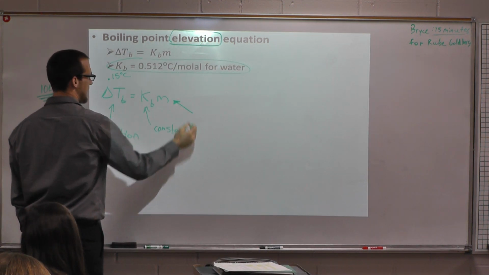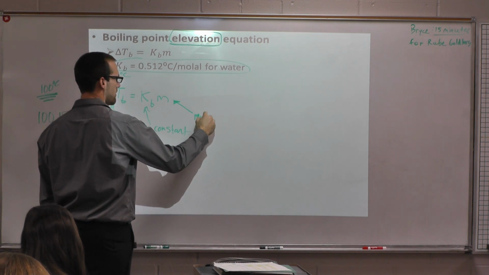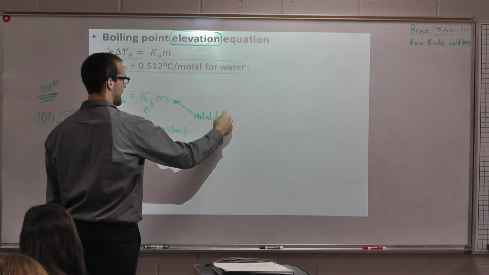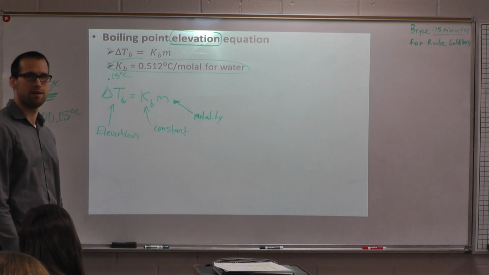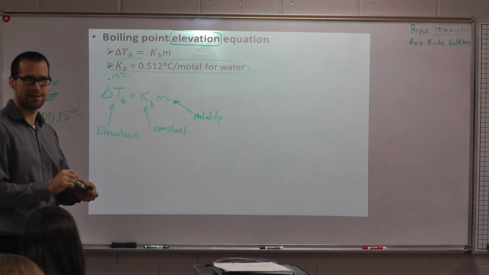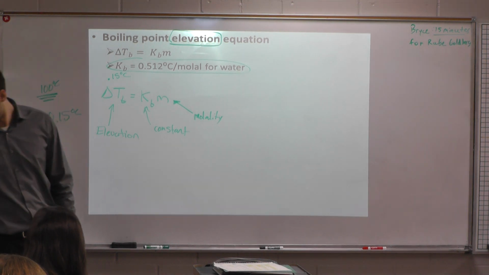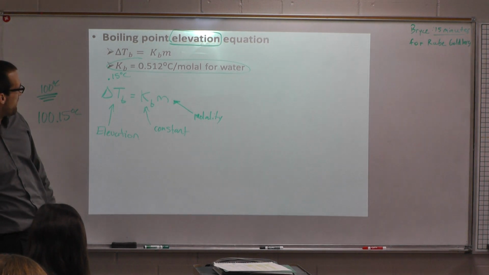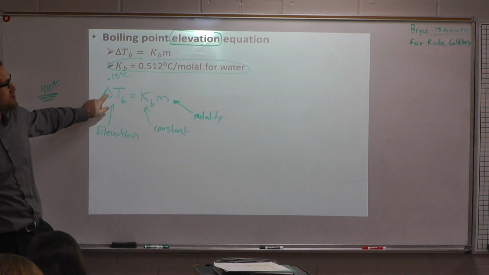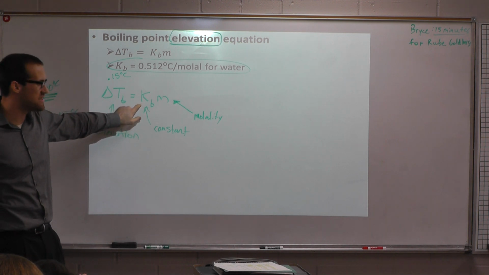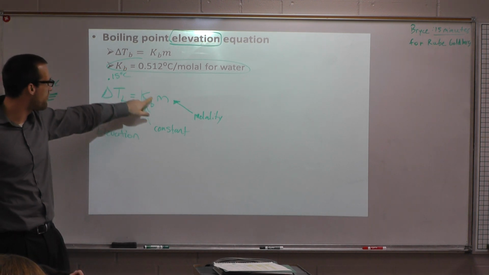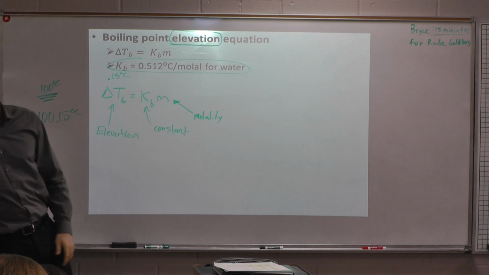What do you think that is? The molality. Little m. Who would have thought we would come back to that? So this is the elevation of the boiling point, not the actual boiling point. KB is a constant they'll give you, and m is the molality.